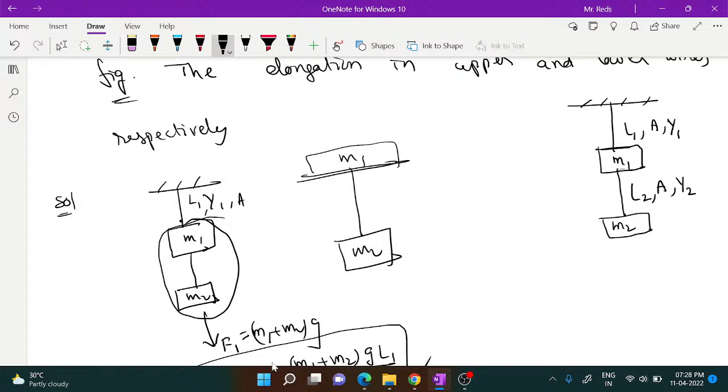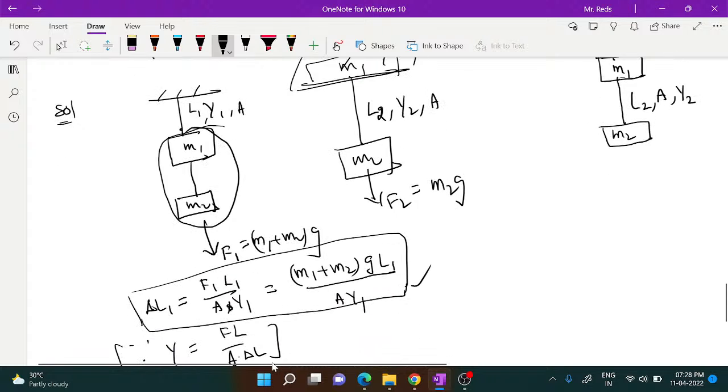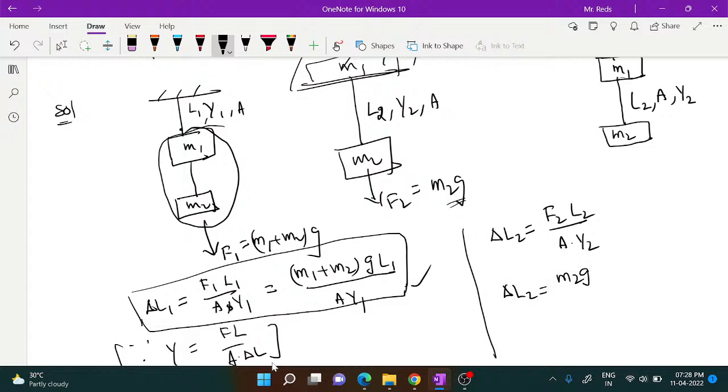So the force F2 acting on this is nothing but M2G only, with length L2, Young's modulus Y2 and area A. So delta L2 is equal to F2 L2 by A into Y2, and since F2 is M2G, delta L2 is equal to M2G L2 by A into Y2.